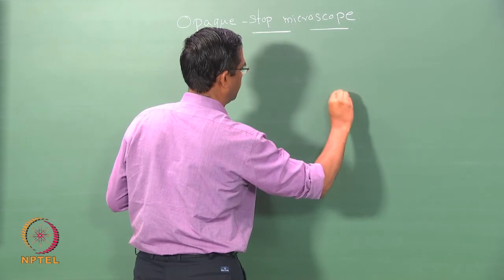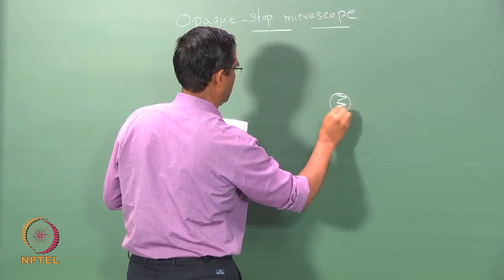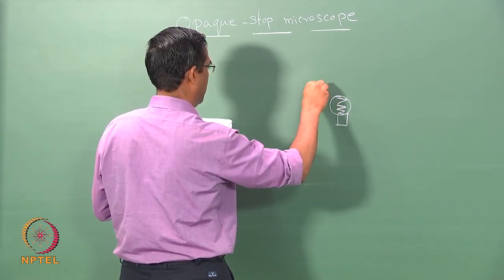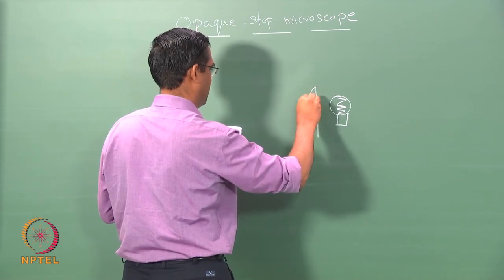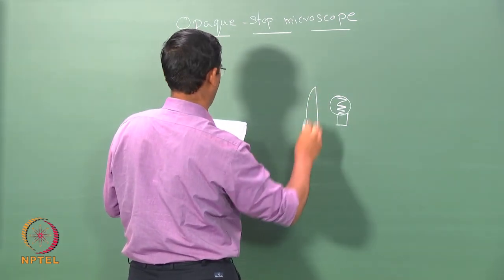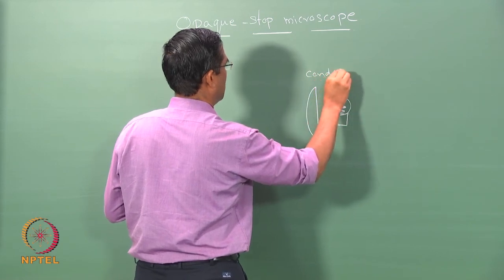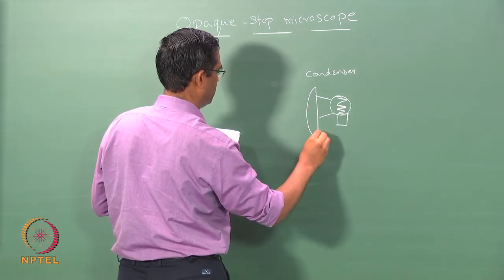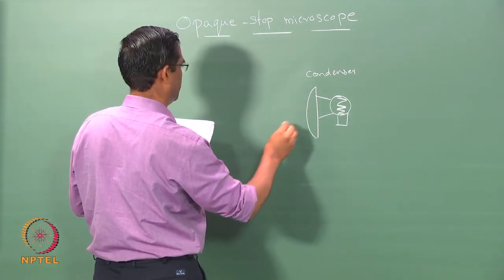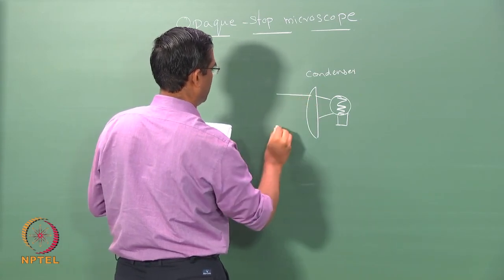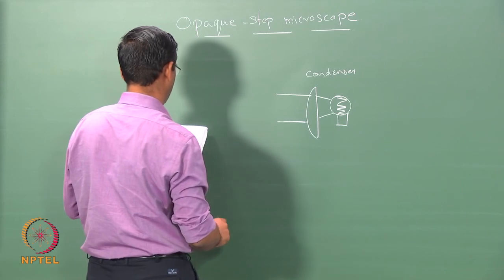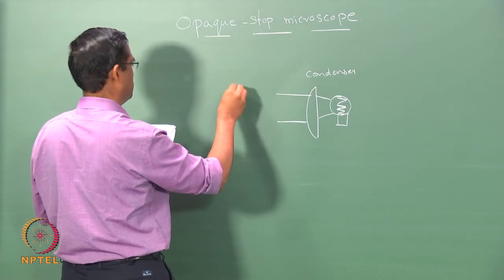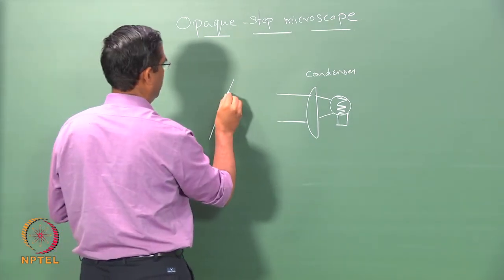You have the light source here, and then you have the condenser, like we have drawn yesterday.